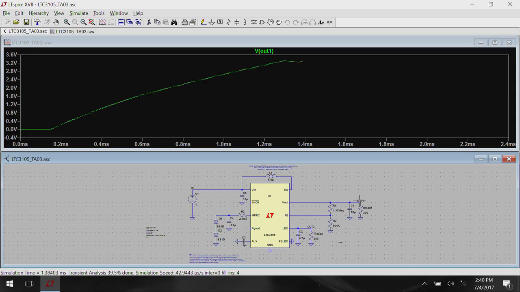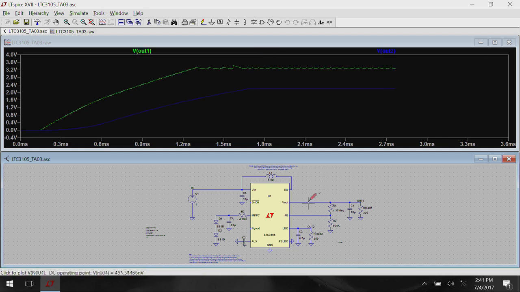You can see that this is 3 volts here and it is stabilizing to 3.3 at the output. Yes, it has stabilized to 3.3, right, and let us see what happens to VLDO.